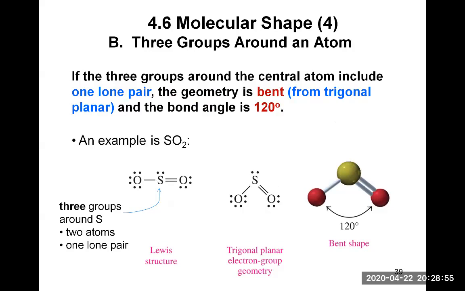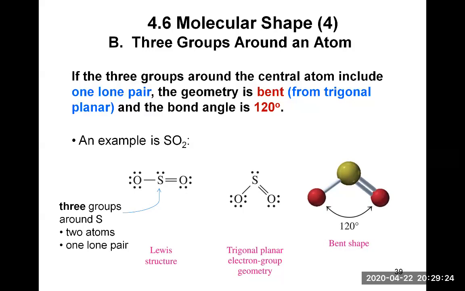If you look at the Lewis structure to the left, S is the central atom, and it's surrounded by 3 groups. There is a single bond, that's one group, a double bond, that's another group, and the lone pair, that's the 3rd group. So 3 groups around S means that it's going to be trigonal planar as far as the electron group geometry is concerned.